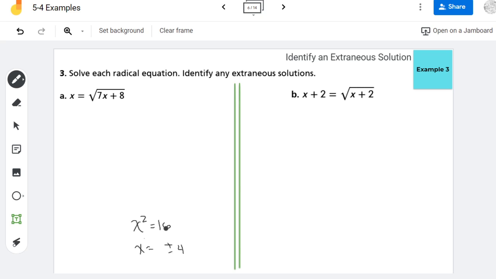Because 4 times 4 is 16, and negative 4 times negative 4 is 16. Okay, so when we raise to an exponent here, we are introducing that positive negative split. So we always just want to check ourselves to make sure that we don't wreck ourselves.